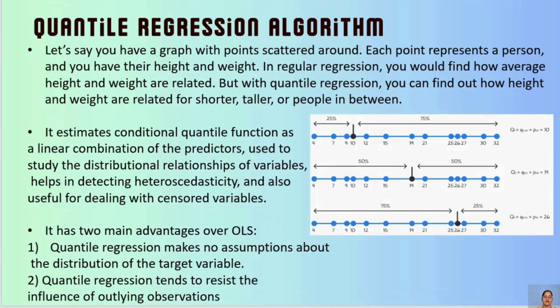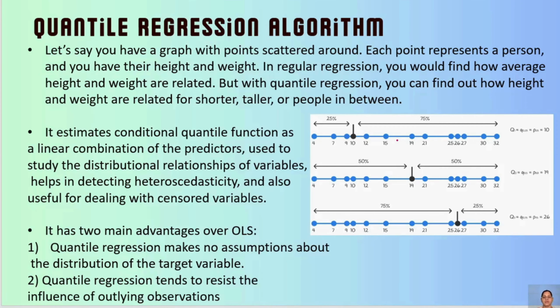Let us see how it works on this image, and before that let me take you through one example. Suppose we consider the characteristics of a person: their height and weight.